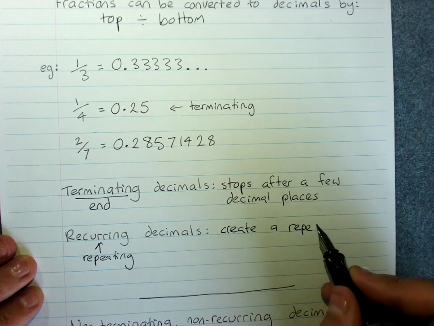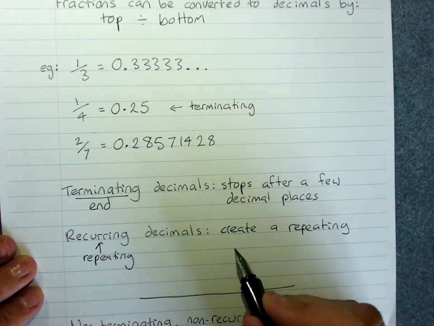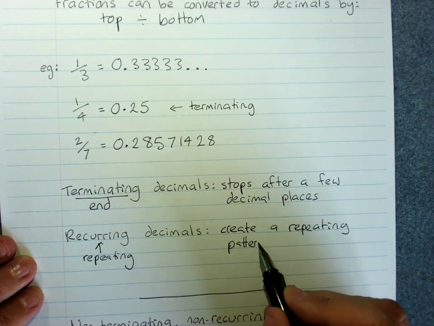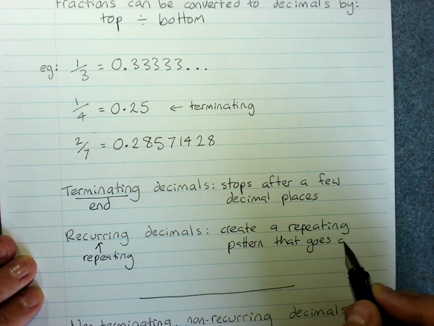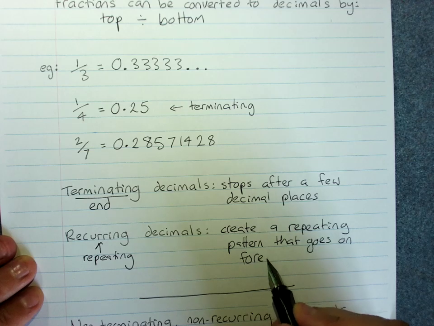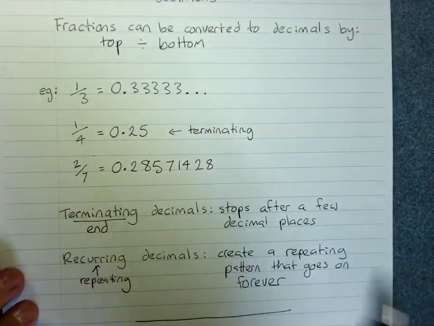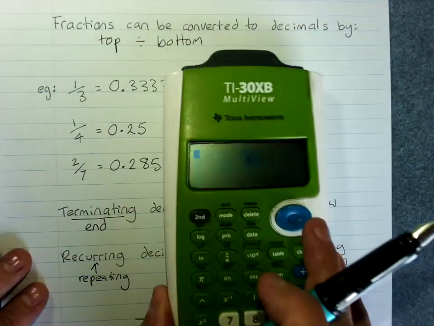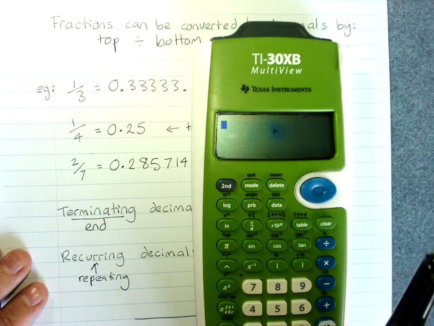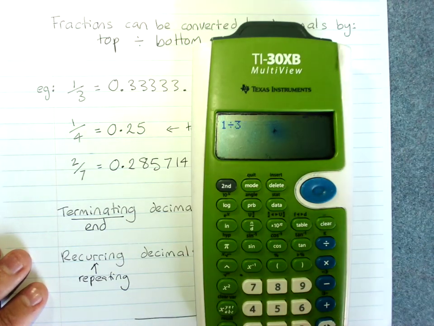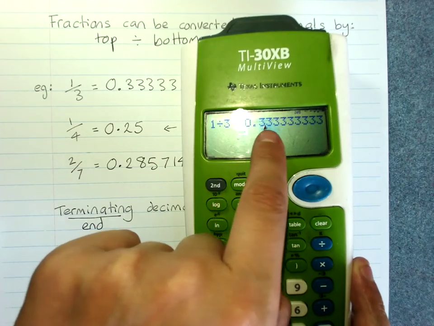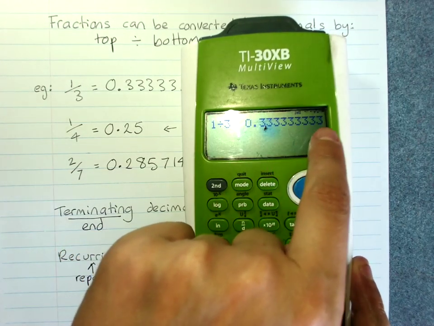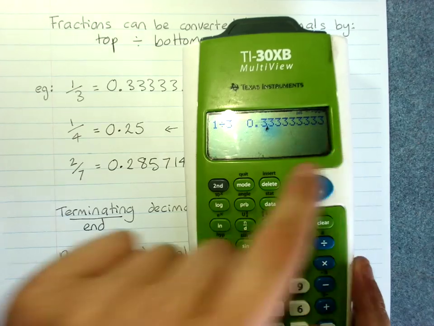And that goes on forever. So even though my calculator only shows a few decimal places, 1 divided by 3, the fact that it's going 0.333333333 tells me that keeps going forever.